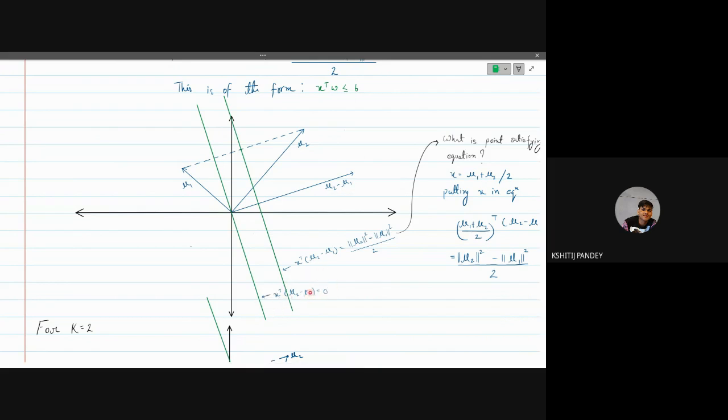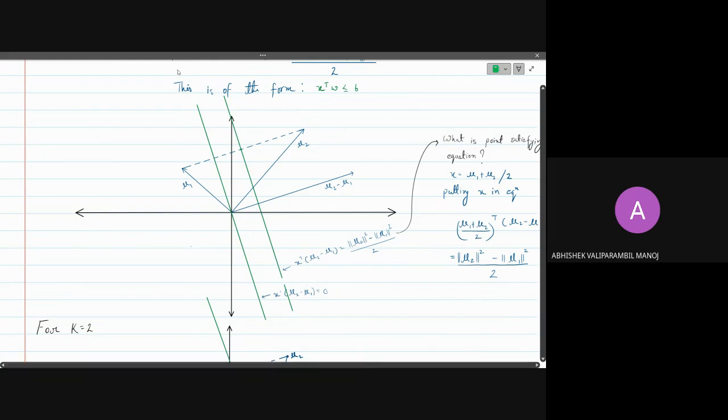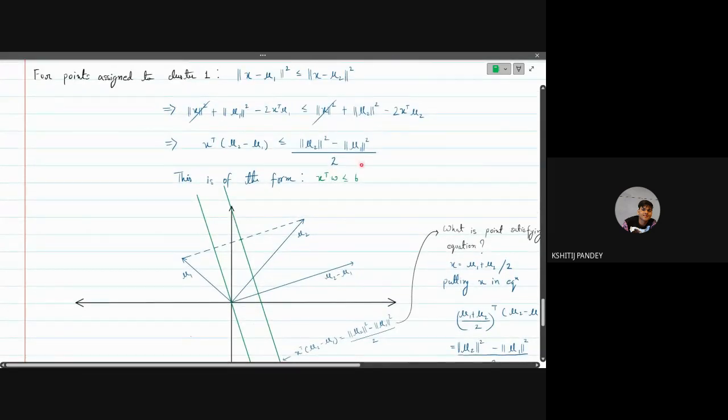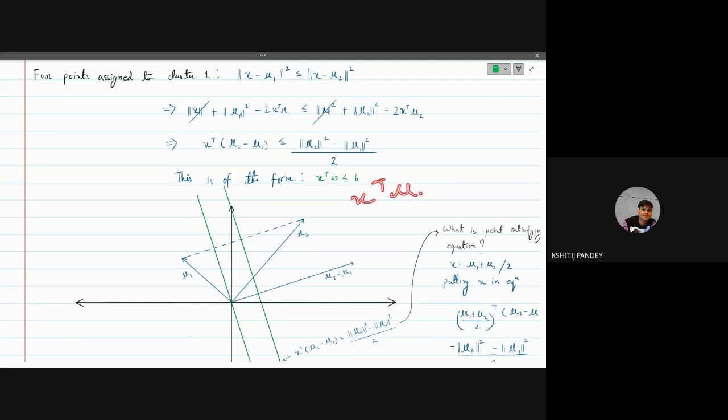Is this clear? Yes. Well, we don't want this equation, we want this inequality. So now we'll plot x transpose (mu2 minus mu1) equal to this quantity. We just have to parallelly shift this line, because we are just introducing a scalar on the other side.